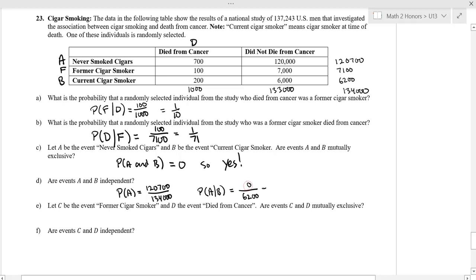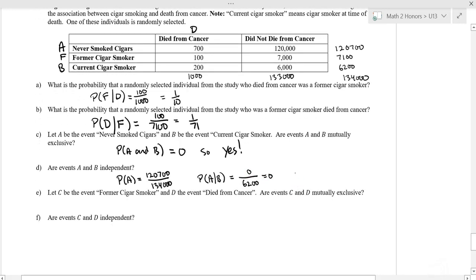None. So that's 0, and so no, they are not independent because they don't equal each other. So no, since the probability of A is not equal to the probability of A given B.